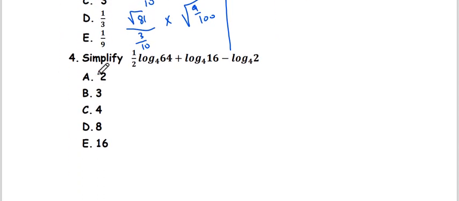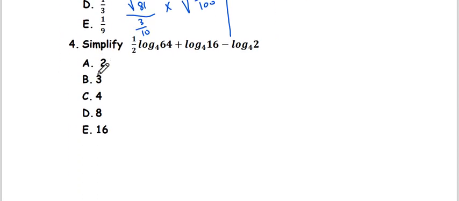For the fourth question, it says simplify half log 64 base 4 plus log 16 base 4 minus log 2 base 4. So this becomes log 64 base 4, and this half is just the power law, plus log 16 base 4 minus log 2 base 4.